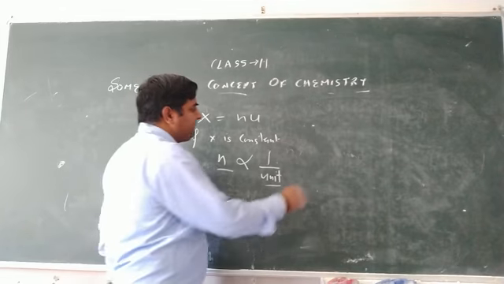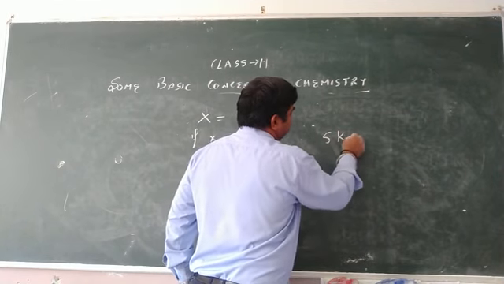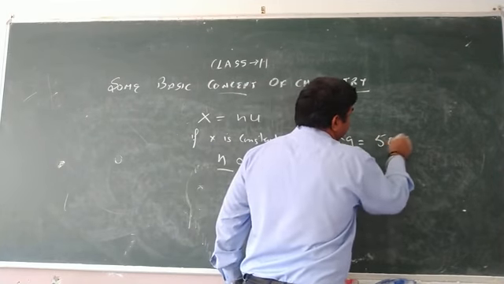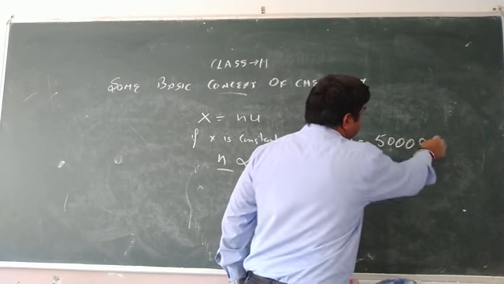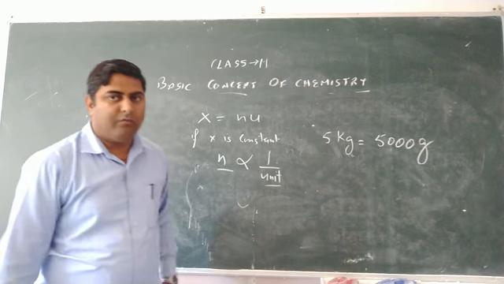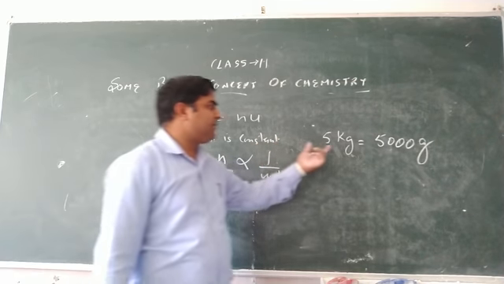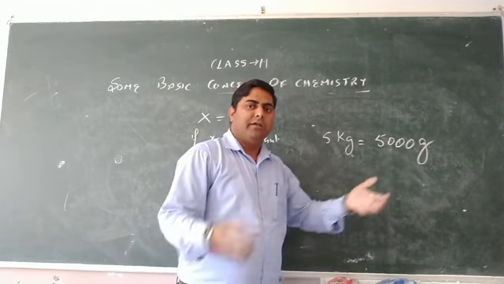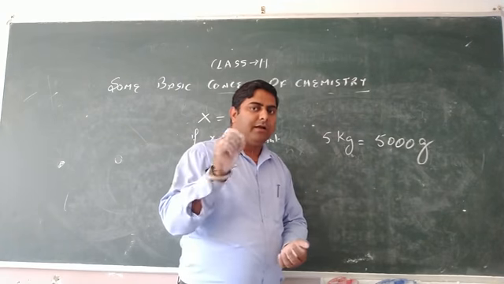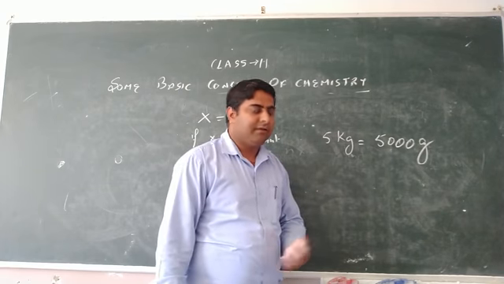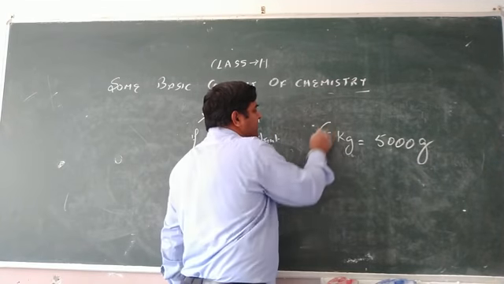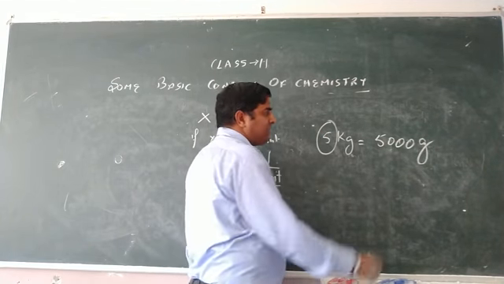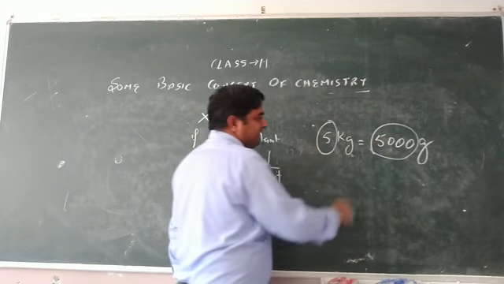Let us see 5 kg. 5 kg can also be written as 5,000 gram. Now, both have the same meaning. Either we take 5 kg or 5,000 gram, they weigh equal. Now, what is the difference? Here, numerical value is 5. What is numerical value here? 5,000.